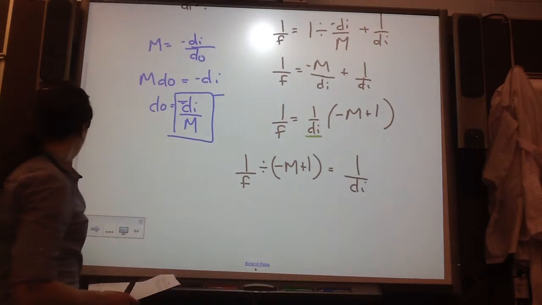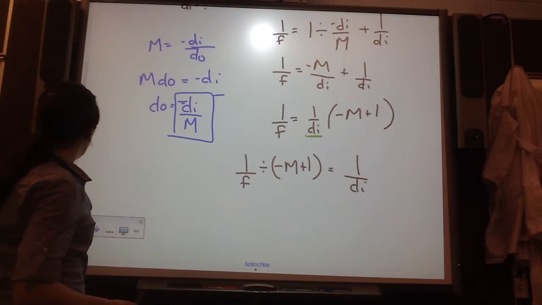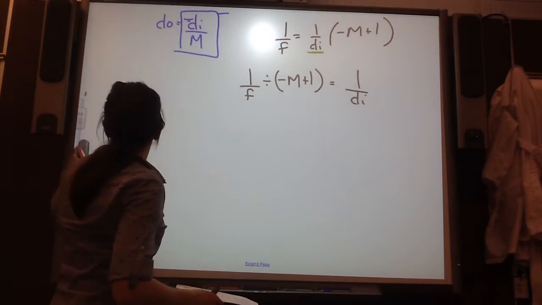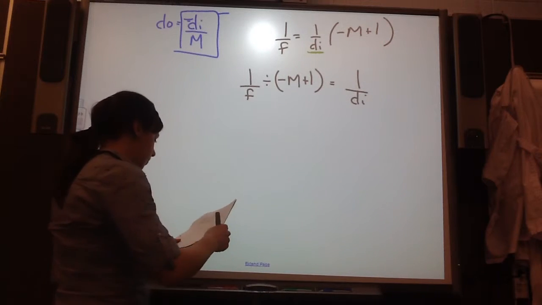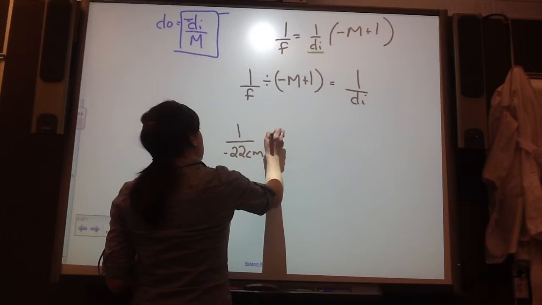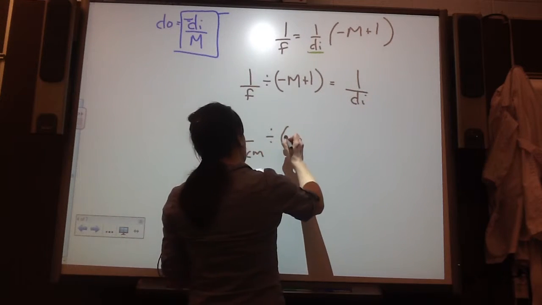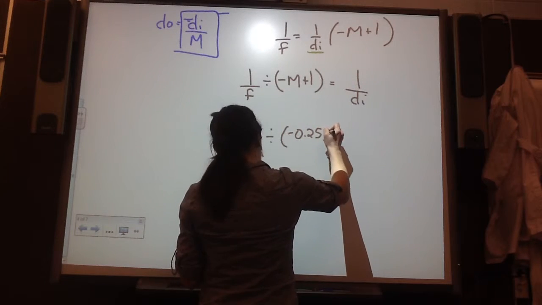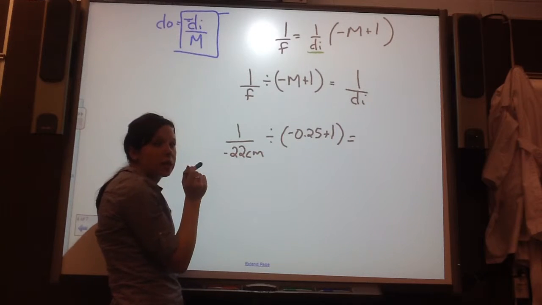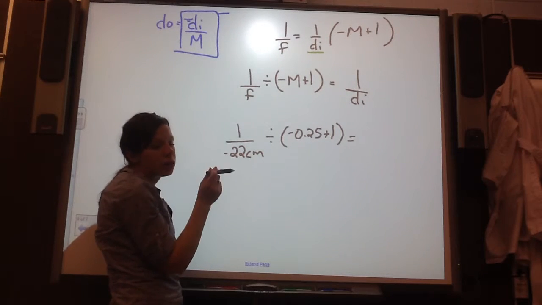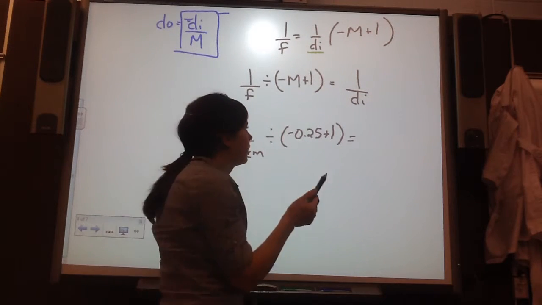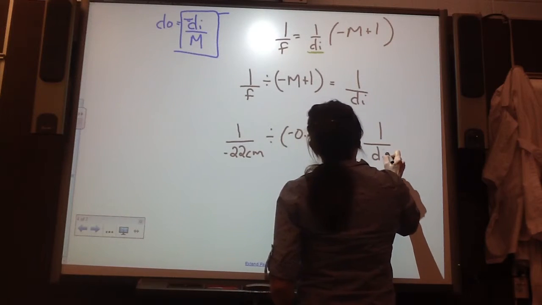You could simplify this a lot before putting in numbers, but at this point I just put in my values and move forward from there. So now I have 1 over negative 22 centimeters divided by negative 0.25 plus 1. Remember, this was the one that I manually made negative, since I know its focal length is negative. That's the only variable that you manually put in yourself, the f, is equal to 1 over di.